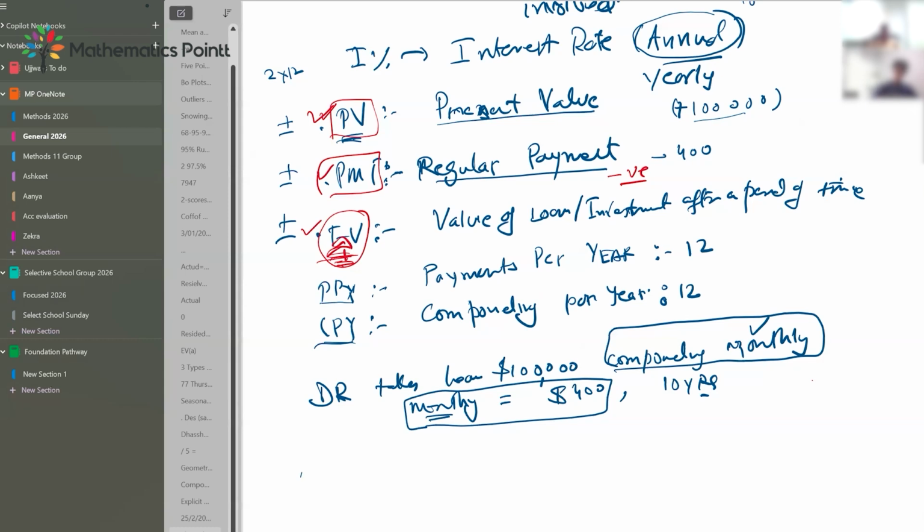Now comes Mehul. He also takes $100,000. And I'm not talking about the N and the I and the PMT. I'm just trying to explain the PPY and CPY. We'll do a full-blown question and it'll start making a lot more sense.